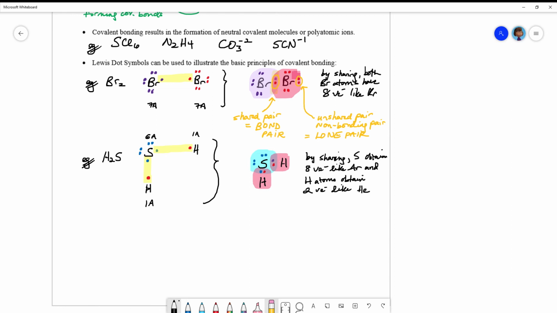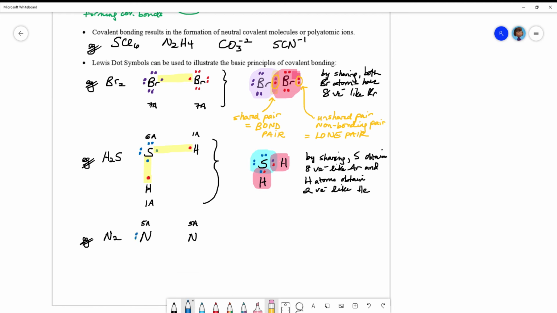Let's do one more like this, just one more. Let's do another diatomic molecule. Let's do diatomic nitrogen. Diatomic nitrogen is obviously formed by 2 nitrogens bonding together. Nitrogen is in group 5A, which means each of these nitrogens has 5 valence electrons.